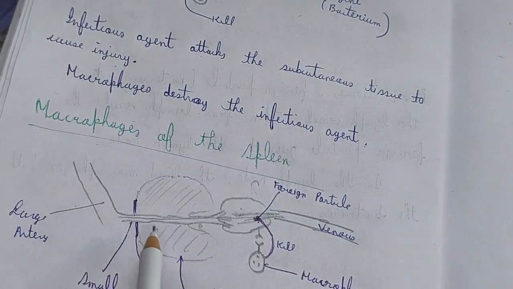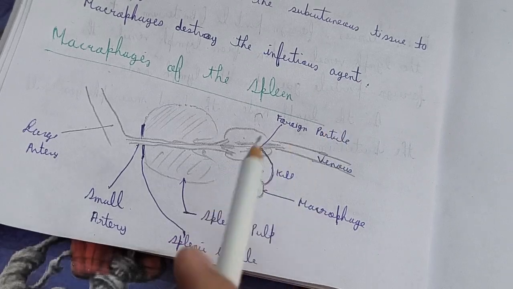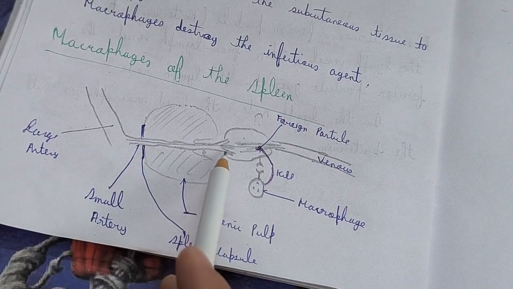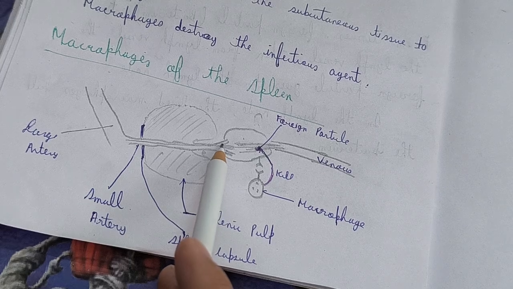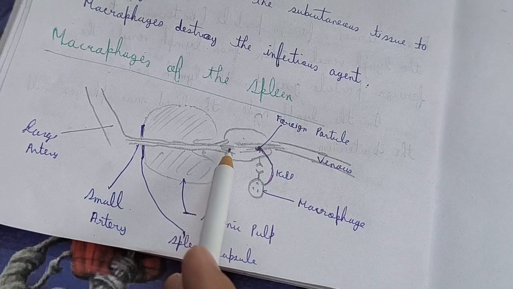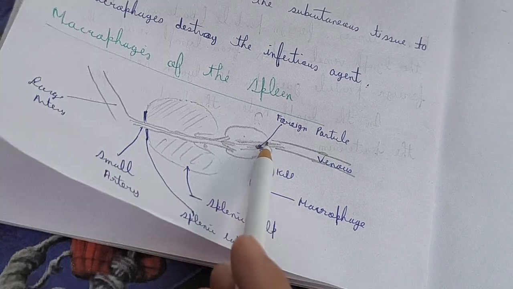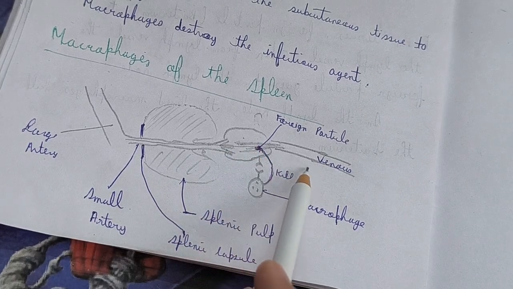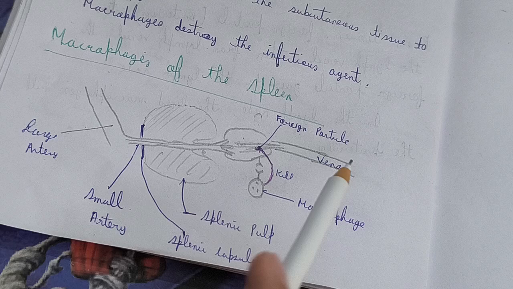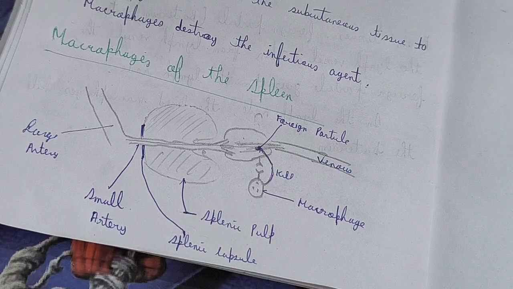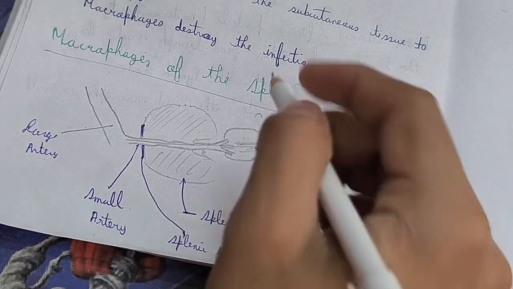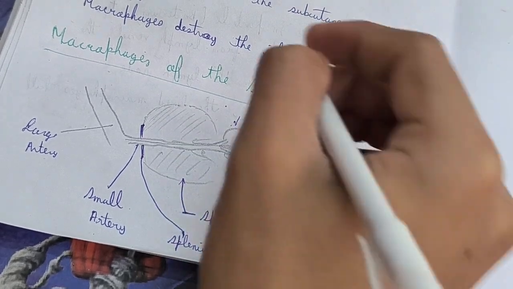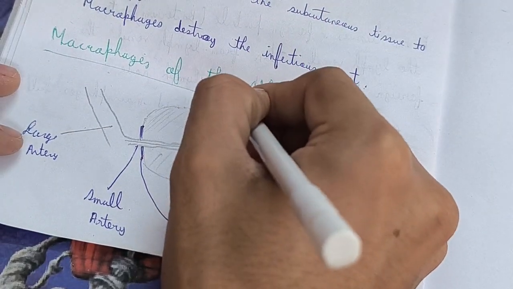This small artery enters the splenic pulp through the splenic capsule, and then it terminates into small arterioles and capillaries. Through these capillaries, the blood goes into the cords of red pulp. So this is the red pulp cords.